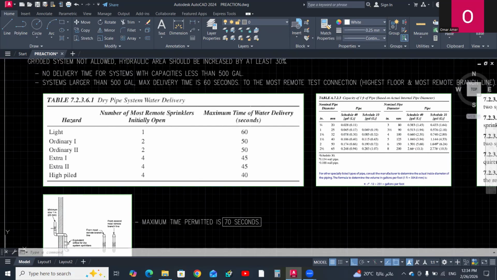The delivery time of water after the activation of the pre-action valve through detection or open sprinkler heads or the drop in air pressure shall not exceed these values.